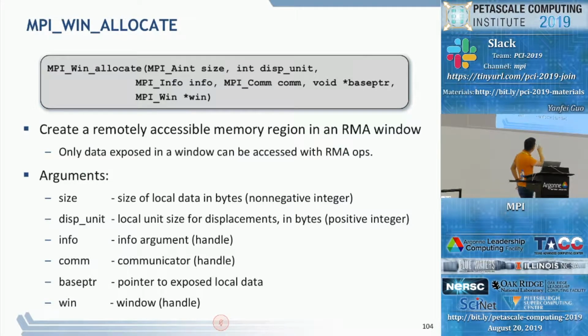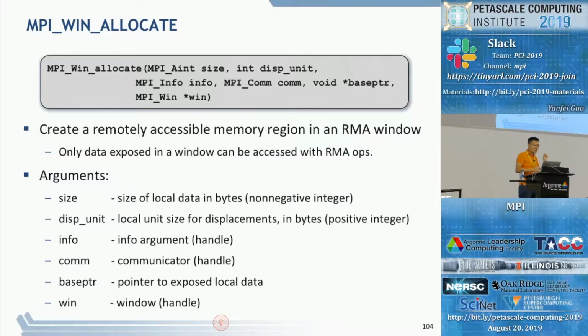First, we need a memory size. This is the size of how many bytes you're going to allocate in this exposed memory. And there's a displacement unit. This is a little bit like a data type, but it's not actually a data type. Basically, the idea is you're allocating something like an array.